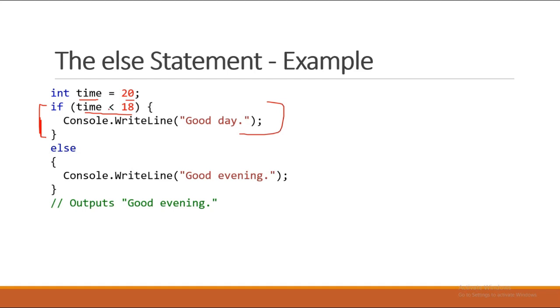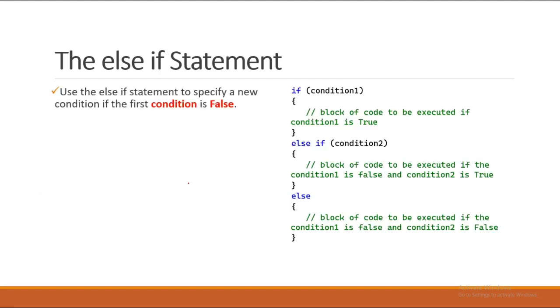But now it's wrong. 20 is not less than 18, and because of that the else block is executed, and this line of code shows good evening on the screen. Yes, it is the output. And yes, we are going to use else together with the if statement.